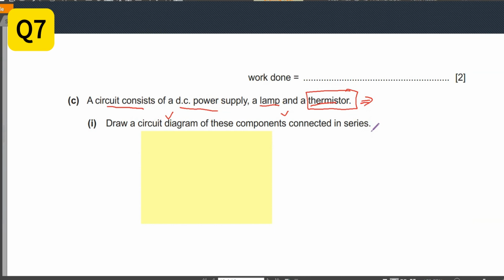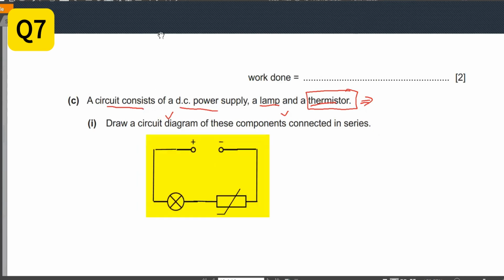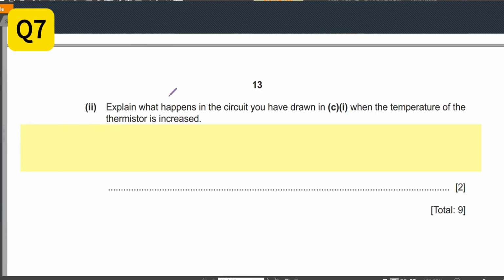So when temperature changes, the resistance will change. Connected in series, we expect to have this. Everything connected in series: DC power supply, the lamp, and the thermistor. So that's the idea.